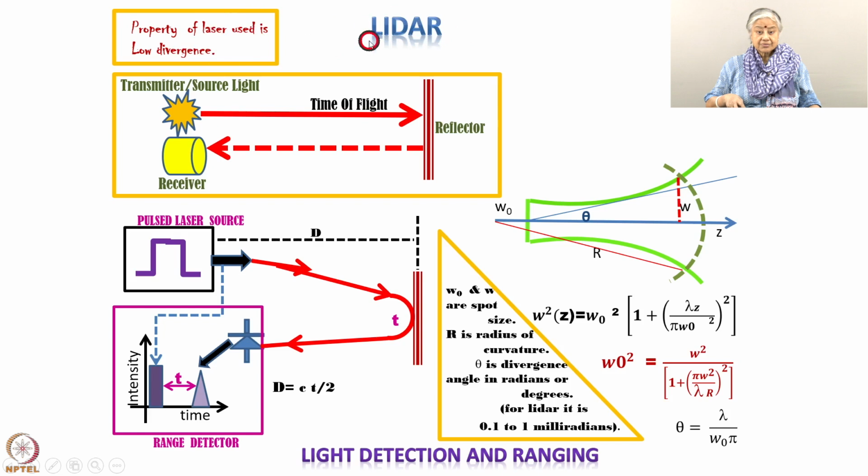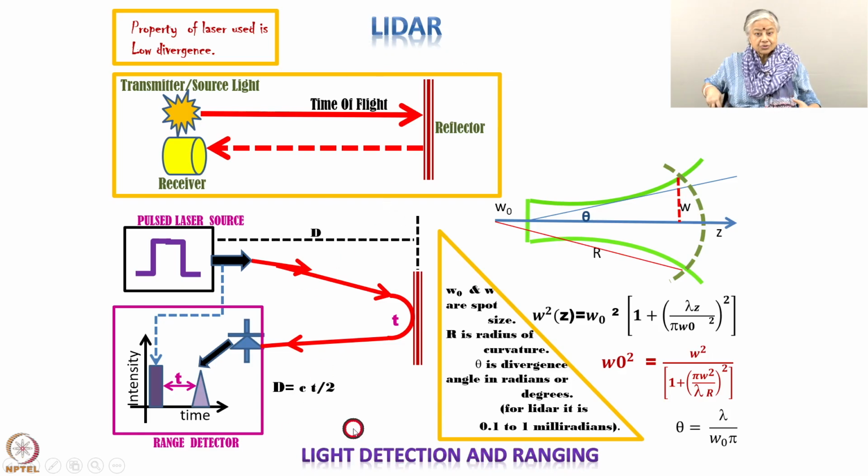You definitely must have heard about LIDAR. It is again a very successful technique. Okay. And it stands for light detection and ranging. It is another case of radar, which is radio wave detection and ranging. So, in place of radio waves you have light waves.